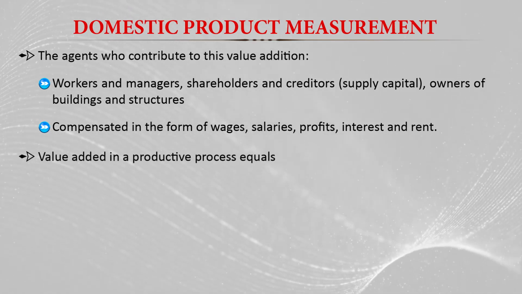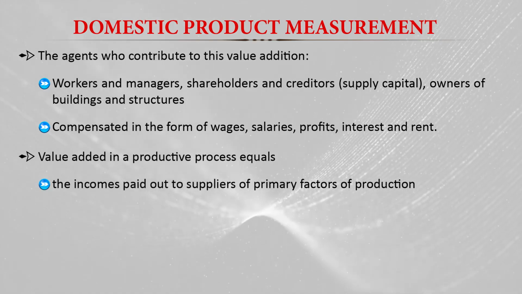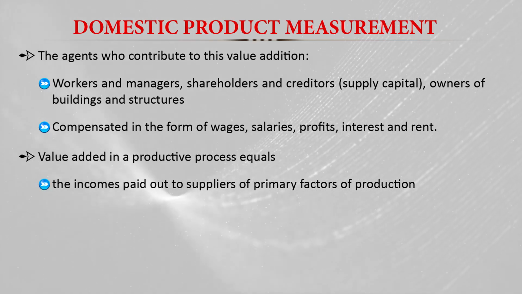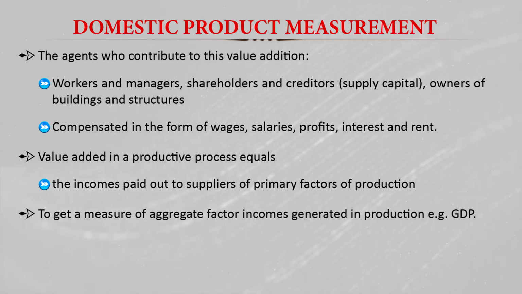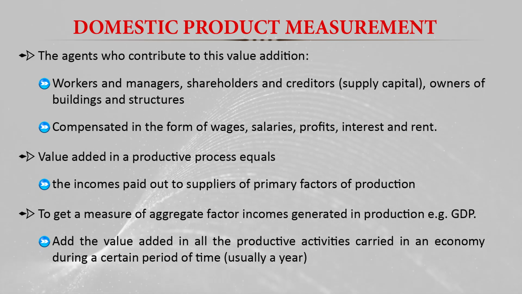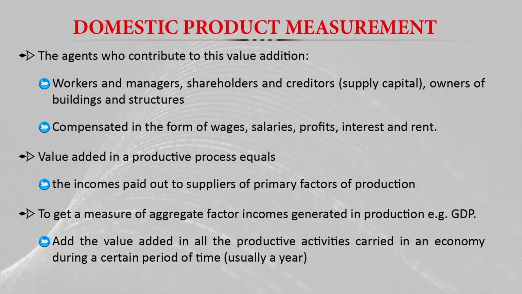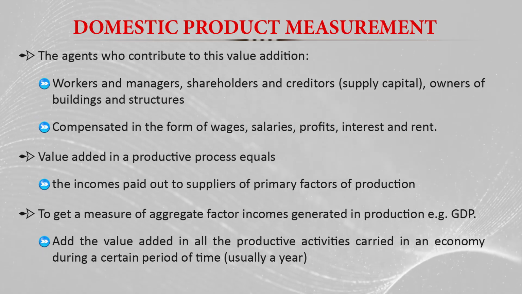So value added in a productive process is equal to the income paid out to the suppliers of the primary factors of production. And to get a measure of aggregate factor income generated in production, that is GDP, we add the value added in all the productive activities which are carried out in an economy during a certain period of time, usually a financial year.